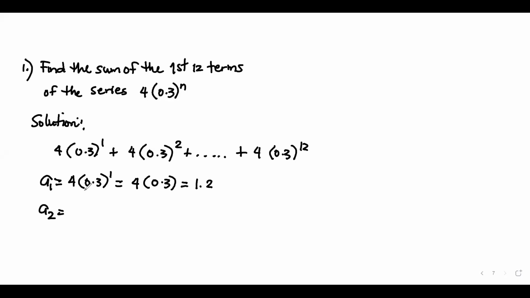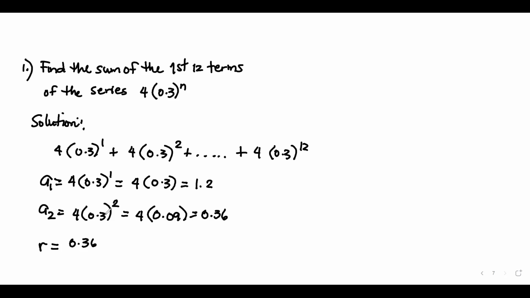In the second term, we will have 4 multiplied by 0.3 raised to 2. Simplify: 0.3 squared, 0.3 multiplied by 0.3, the answer is 0.09, multiplied by 4. So we will have 0.36. Okay, so let's find the r.